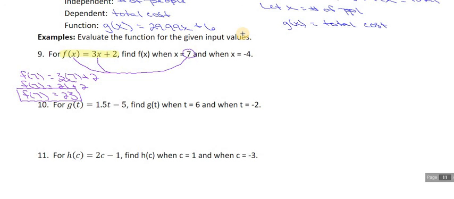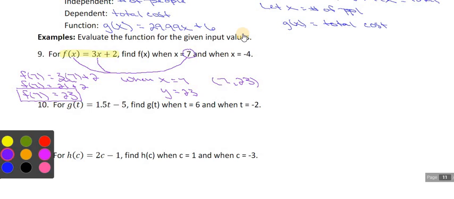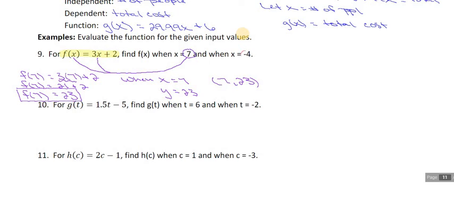So this literally means when x equals 7, y equals 23. It can also be represented as the ordered pair (7, 23). For the second part, we're plugging in -4 for x. So we're going to redo the problem, this time plugging in -4.